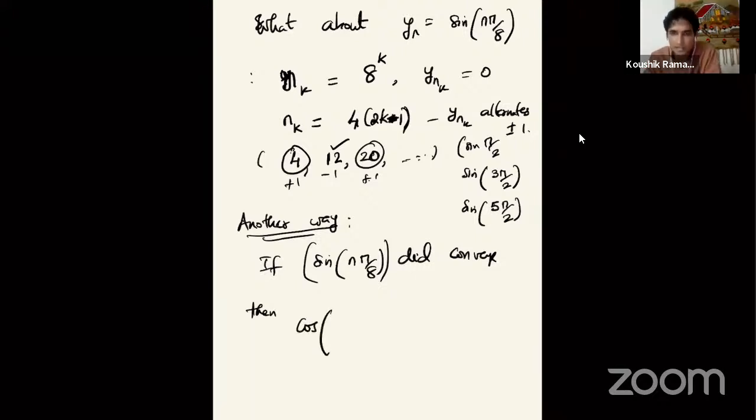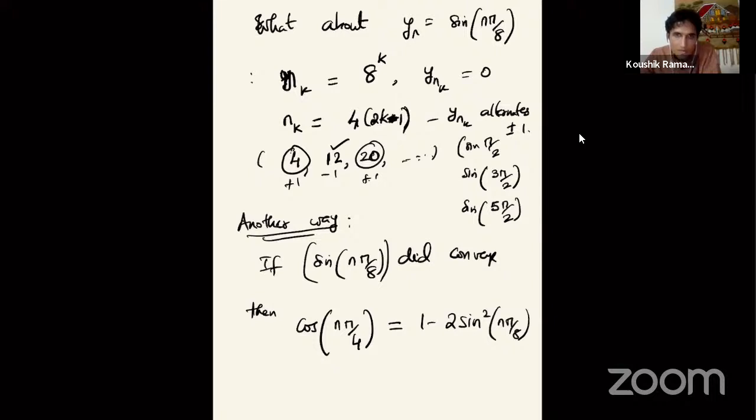Often there are algebraic things that one can use. So for instance, cosine of n pi by 4, cosine of 2 theta, what is it?